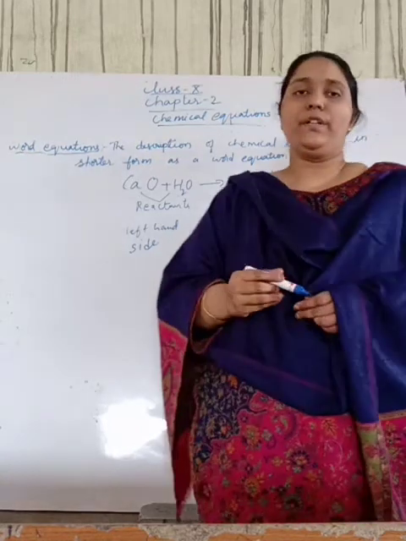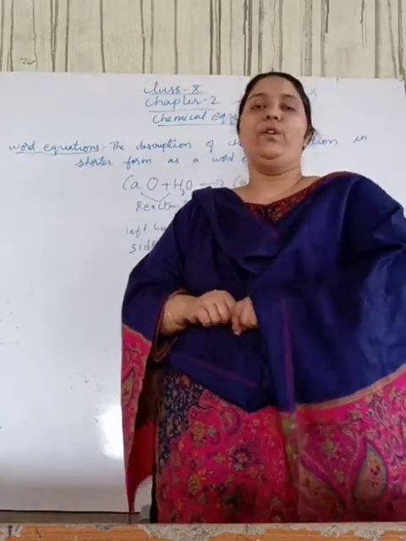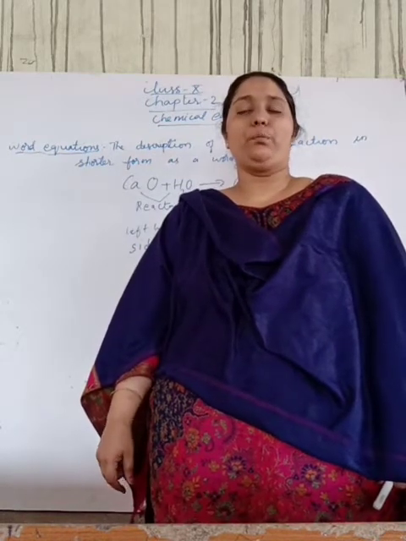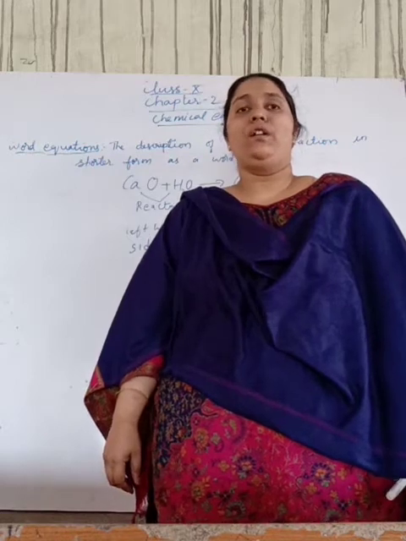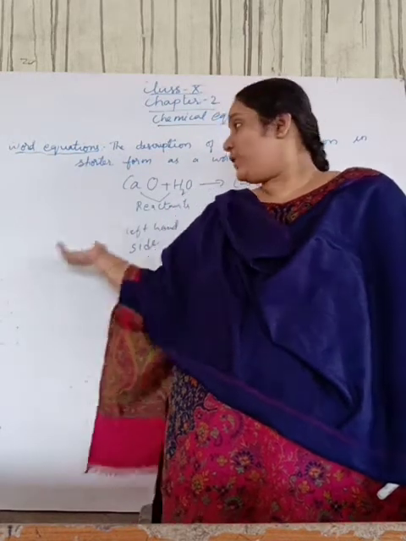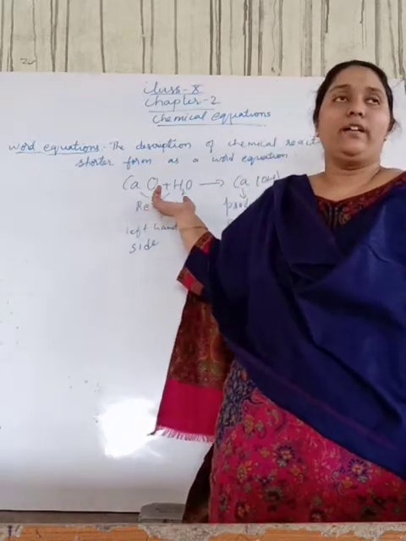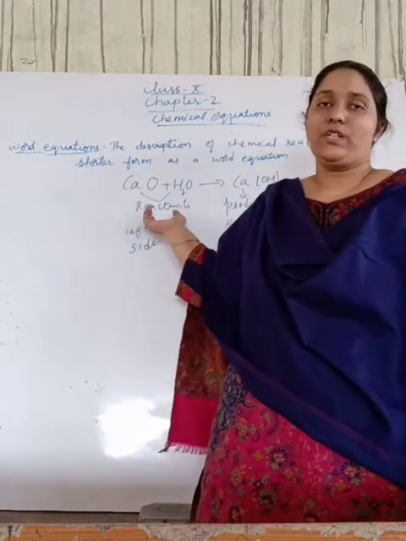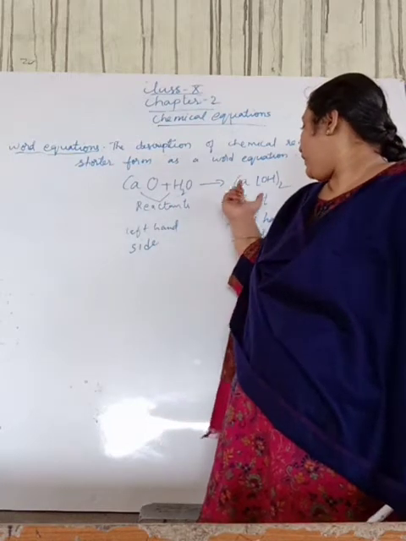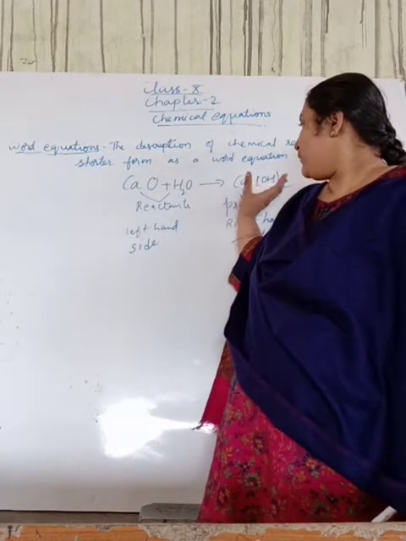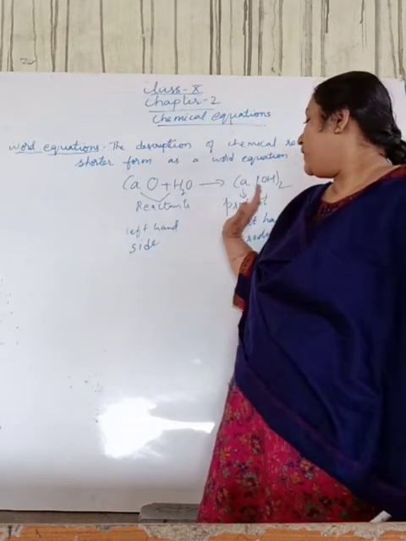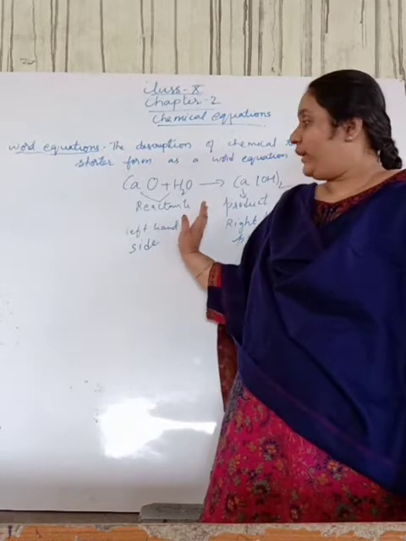Got it, students? So what is a word equation? Whatever description of a chemical change in a shorter form is nothing but a word equation or chemical equation. In a word equation, the substances which are undergoing a chemical change are called reactants, and the new substances formed due to the chemical reaction are nothing but products.